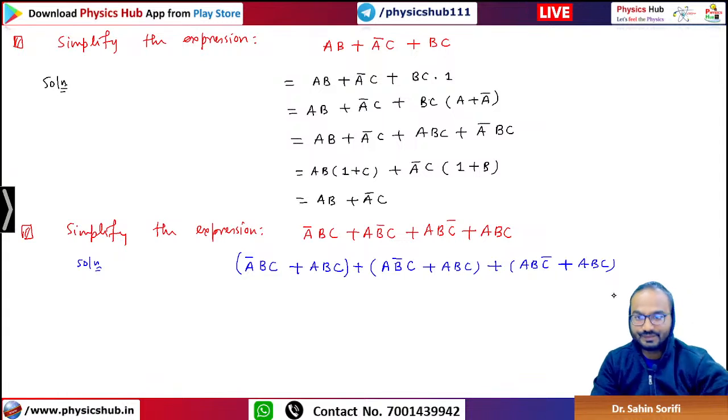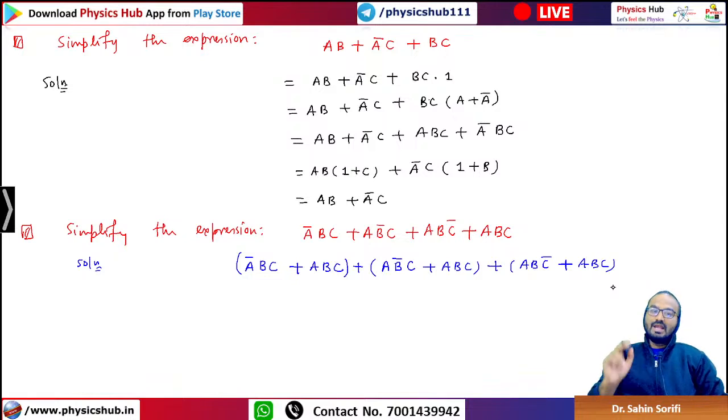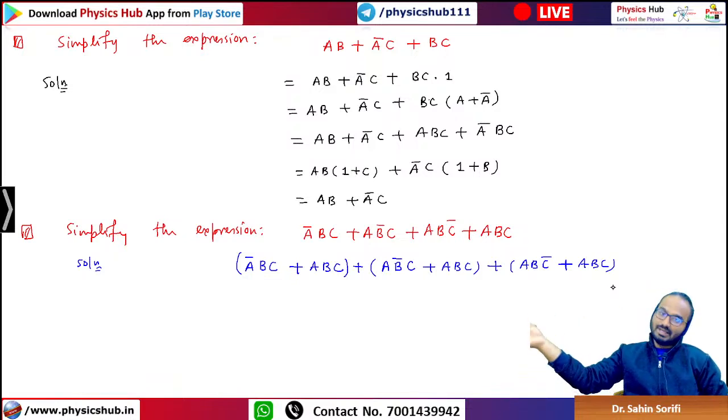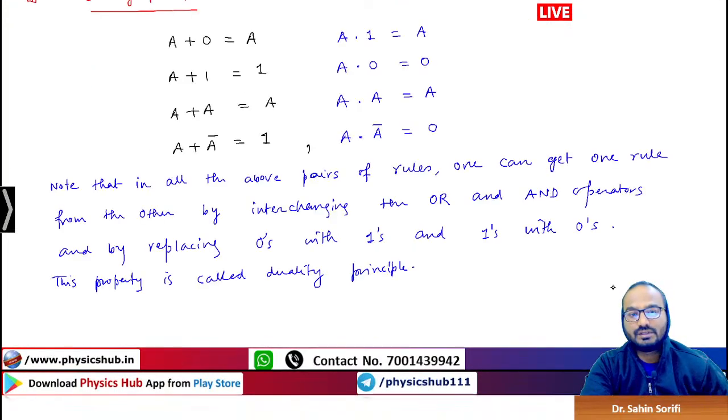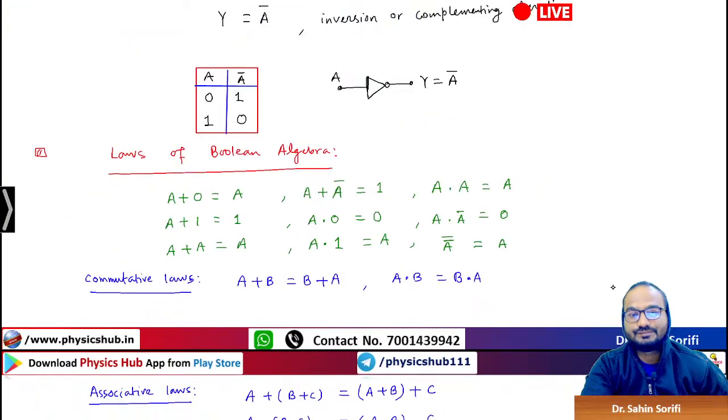Tell me. Writing ABC thrice is the same as writing ABC once. A plus A plus A is A. We have already talked about all of this in the formulas. A plus A is equal to A.